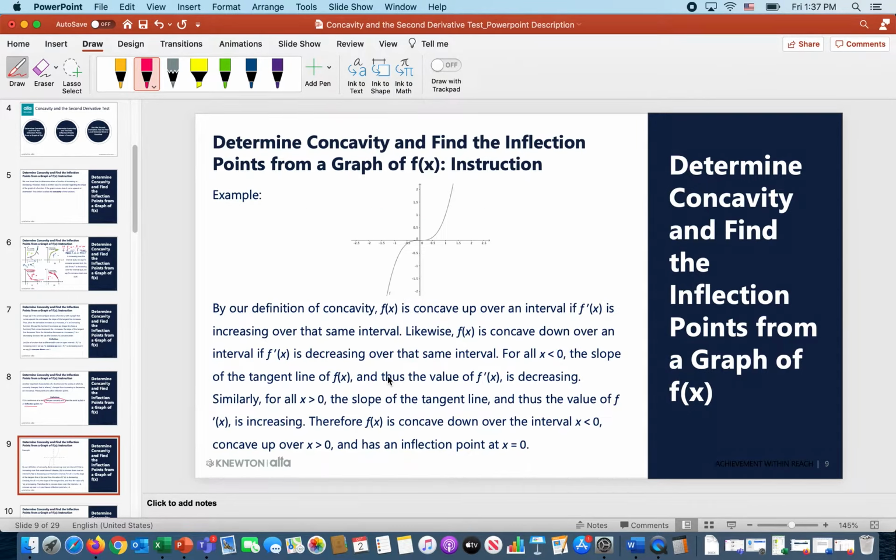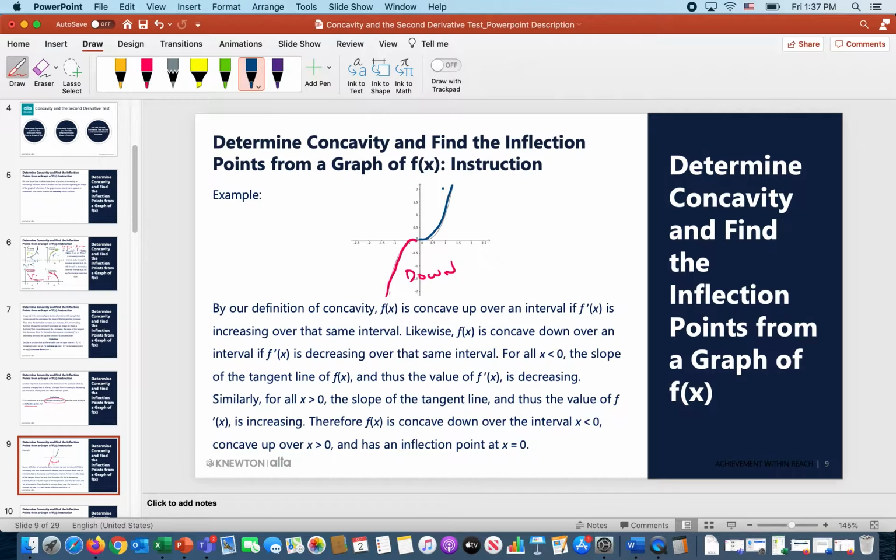Take a look at this graph. If you look, we have a situation where this is concave down. We would call that concave down. And now our function is concave up. So we have concave down, concave up, and this change occurs at 0.